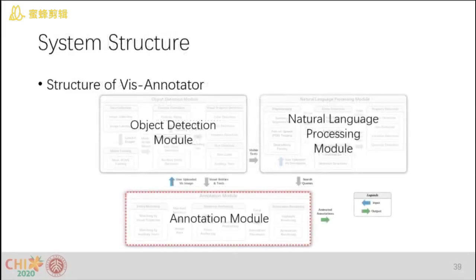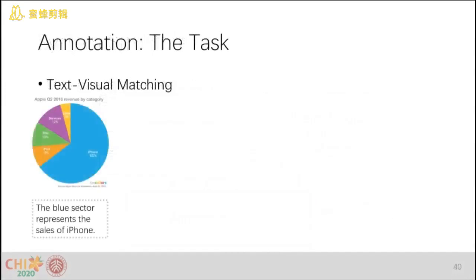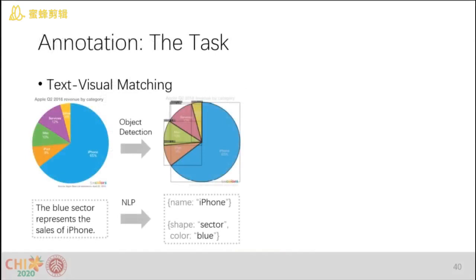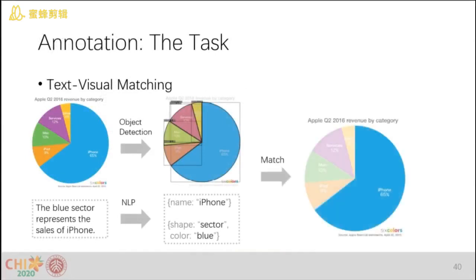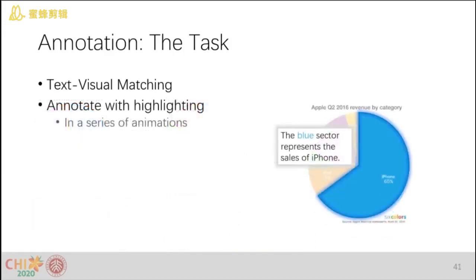The annotation module has two tasks. One is to match results obtained from the previous modules in order to find the visual entities mentioned in each sentence. After that, it annotates the chart with each sentence and generates animations for presentation.